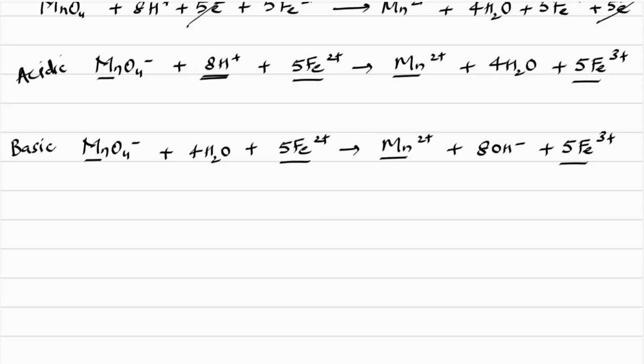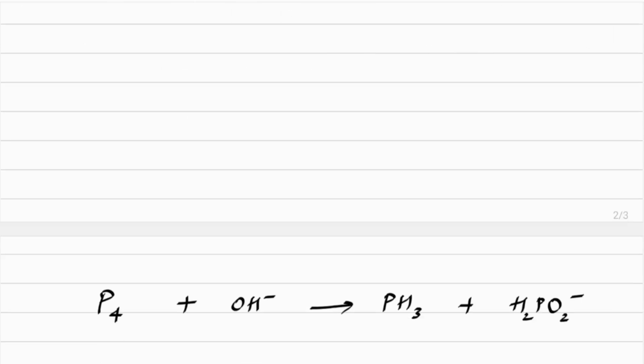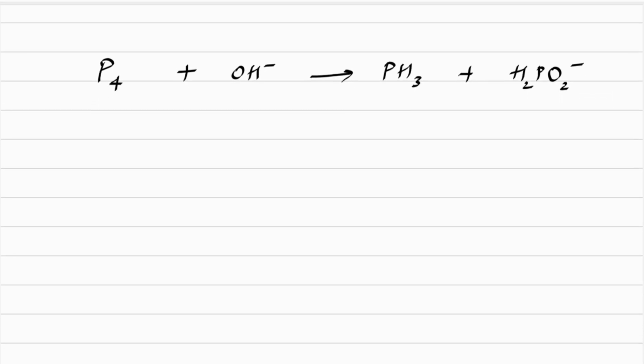So moving on, now we will balance a reaction which is a disproportionation reaction. In disproportionation reaction, we have an element which undergoes oxidation and reduction simultaneously. Let's see how. So here we have this equation, and in this equation we have phosphorus here in uncombined state, P4.